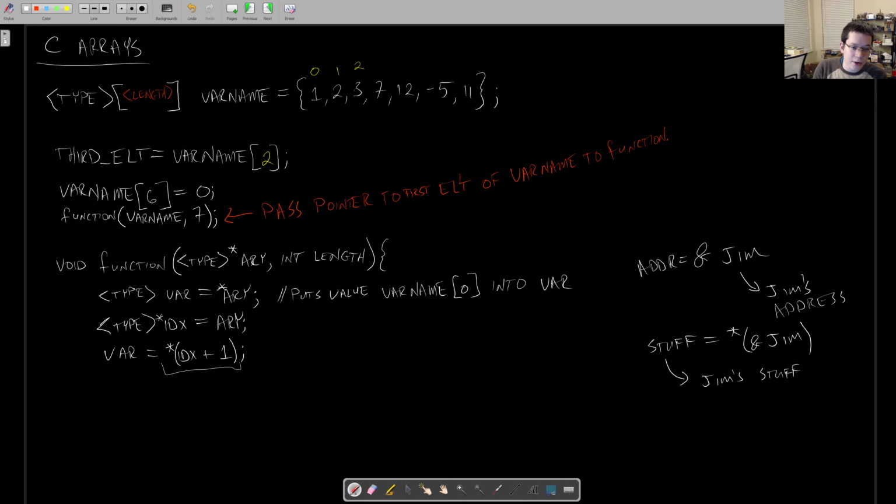Likewise, over here, we're giving you the address of the first element of this array, and I can say, okay, what's at that address? And it'll tell me. And if I want to know what's the next thing in the array, I walk up the street one and say, okay, what's at this person's address? And it'll tell me what's at that address.